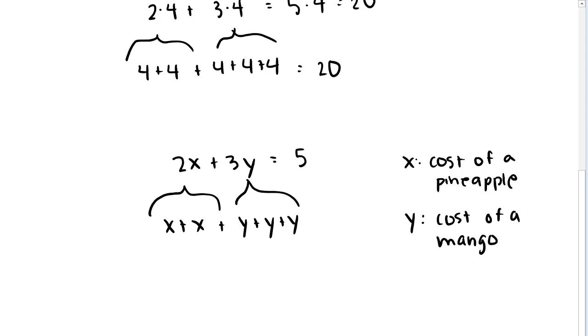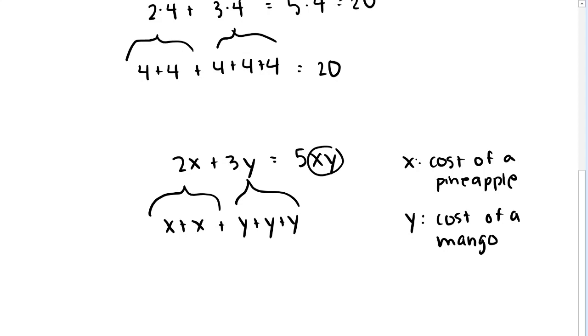If I have 5 what? 5 costs of a pineapple doesn't make sense. 5 times x doesn't make sense, because we're not buying 5 pineapples. We're buying some pineapples and some mangoes. And 5y doesn't quite make sense because I'm not buying 5 mangoes, and so that wouldn't give me the same value as what we're expecting here. And 5x times y also doesn't really make sense because x times y doesn't really mean anything.